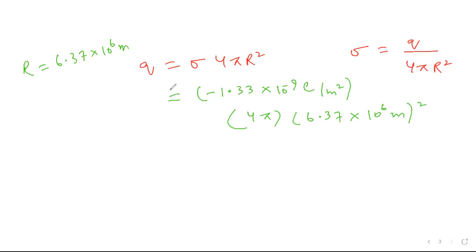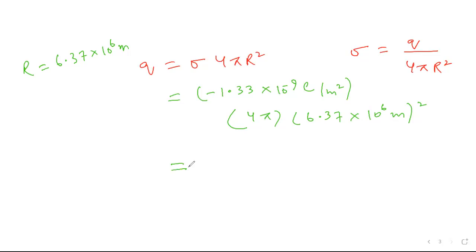So Q is sigma times 4 pi r square. Sigma is minus 1.33 times 10 raised power minus 9 coulomb per meter square times 4 pi times 6.37 into 10 raised power 6 meter whole square.